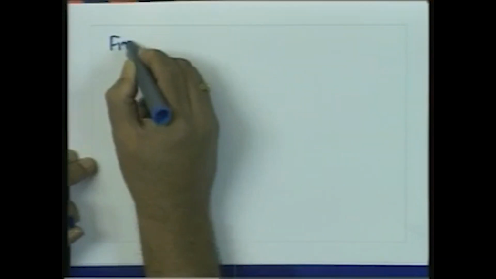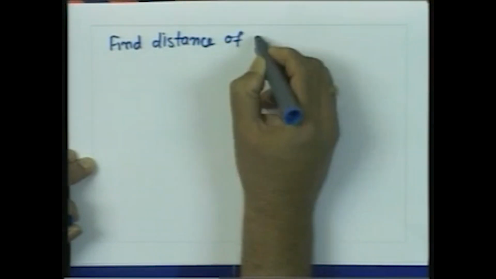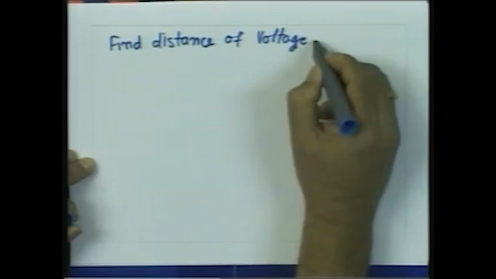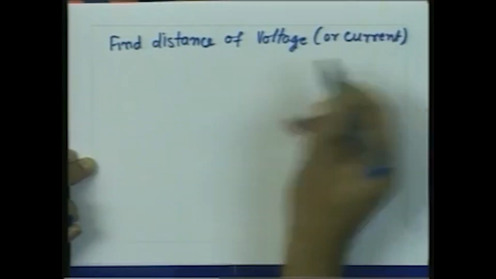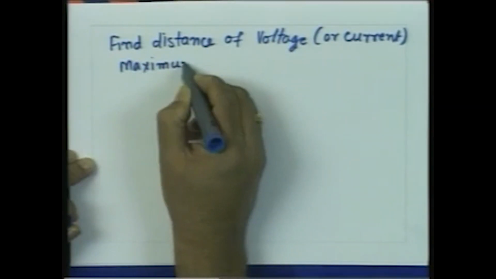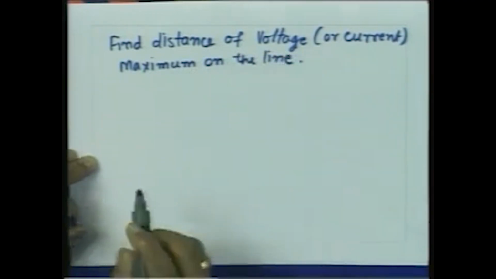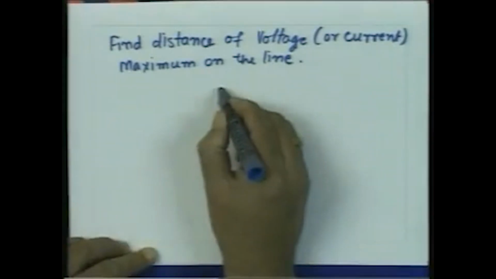So, as we did earlier, what we want to do now is find the distance of voltage or current maximum on the line. Let us do the same thing. We take the Smith chart.